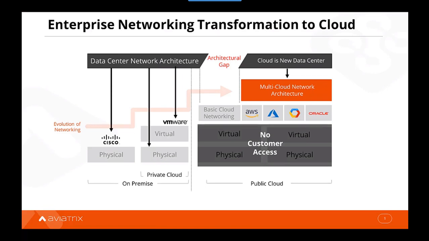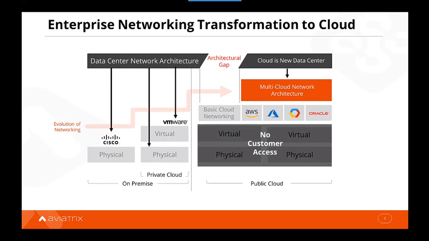So now when you're in the public cloud, you have no access to the underlying infrastructure. You have some knobs exposed by the native cloud constructs. And when I say the word construct, it means the things that are provided, for example, a route table, a VPC, or a transit gateway. All of these things are constructs.